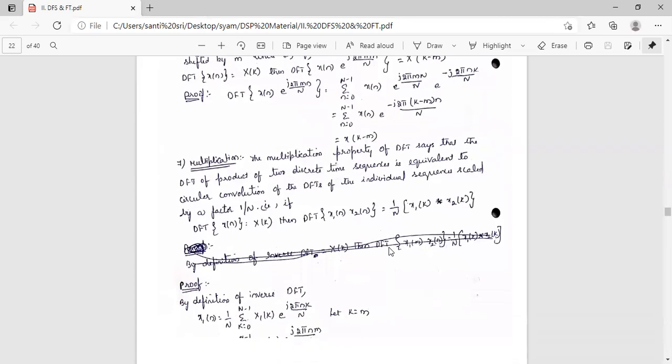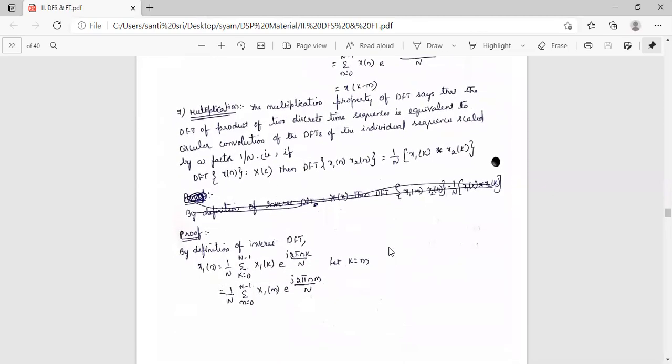The next property is the multiplication property. As we already know, convolution in time domain becomes simple multiplication in frequency domain. But here we are taking multiplication, and it will become convolution.